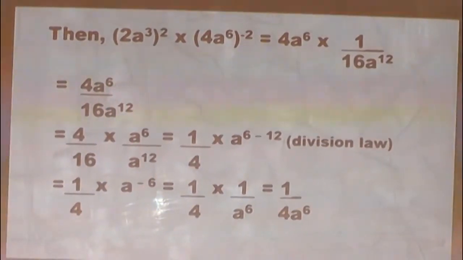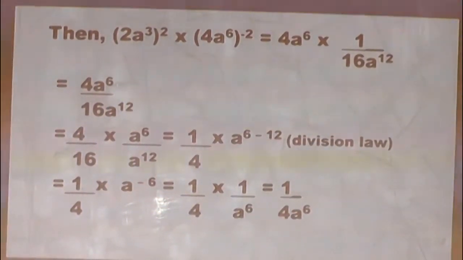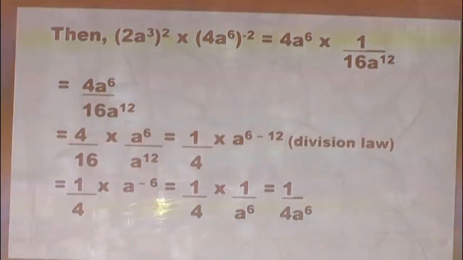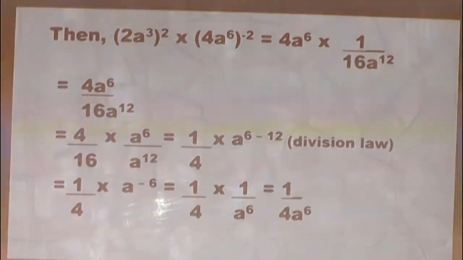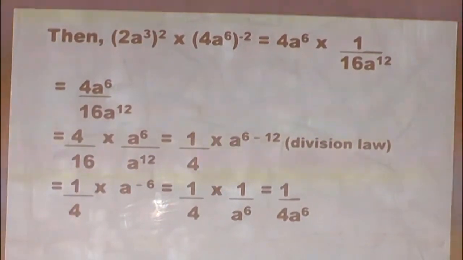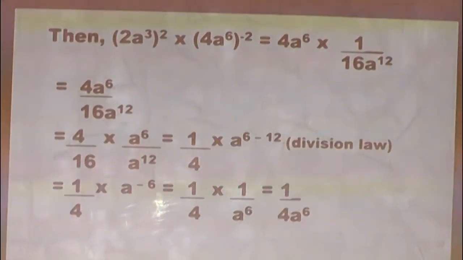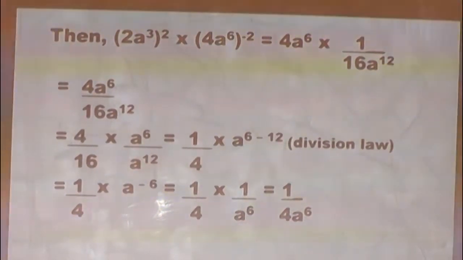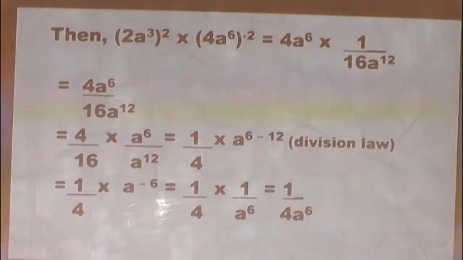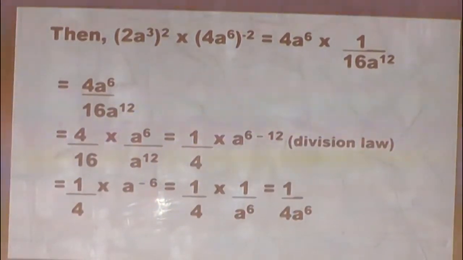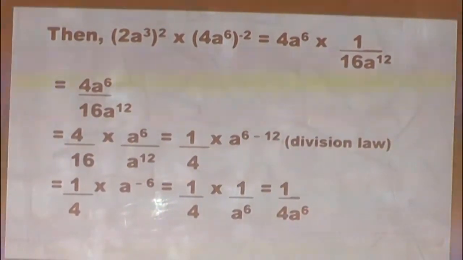Because of this negative here, this negative is the one that brought about this 1 all over a raised to the power of this initial 6 here. And 1 times 1 will give us 1. This 4 times a raised to the power of 6 is going to be 4a raised to the power of 6.